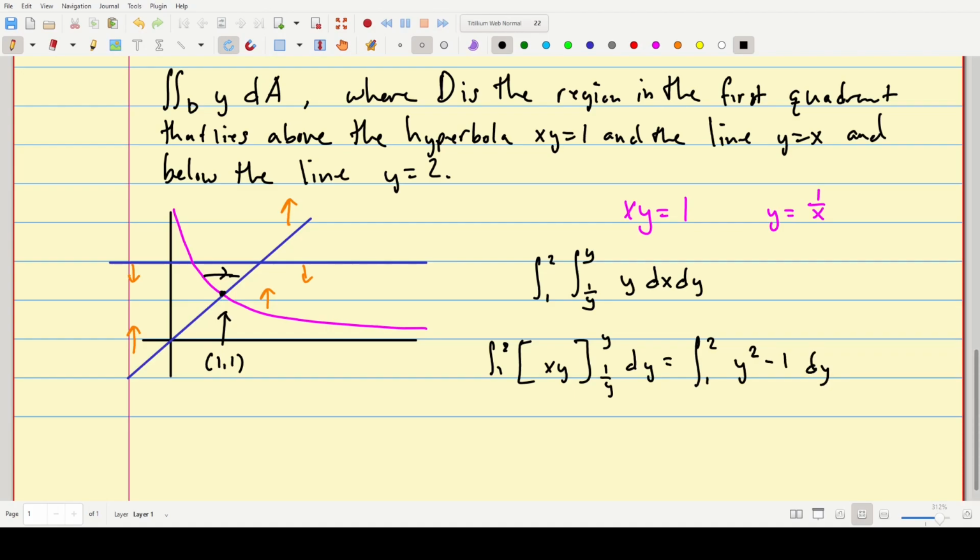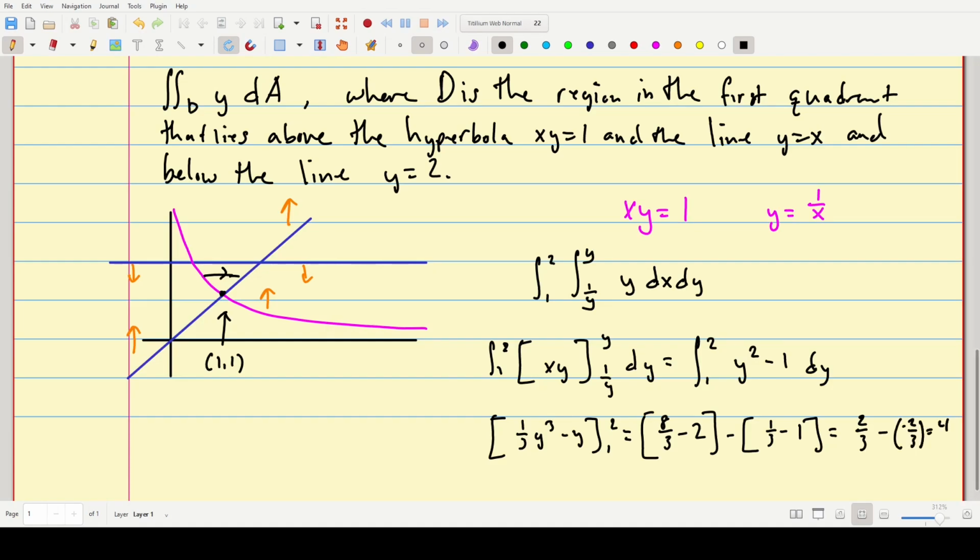I don't know if anybody was spooked by the hyperbola that shows up in the integrand, but turns out that this problem is really easy after you get it set up. Check me, but I get 4/3. Okay.